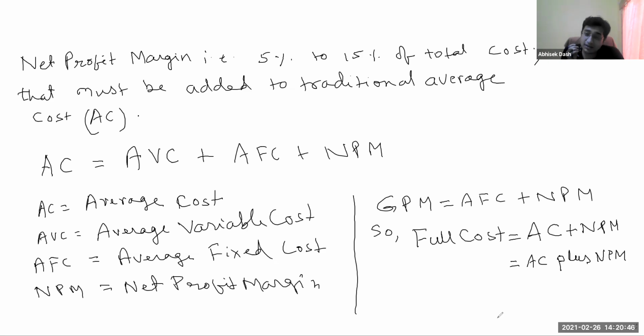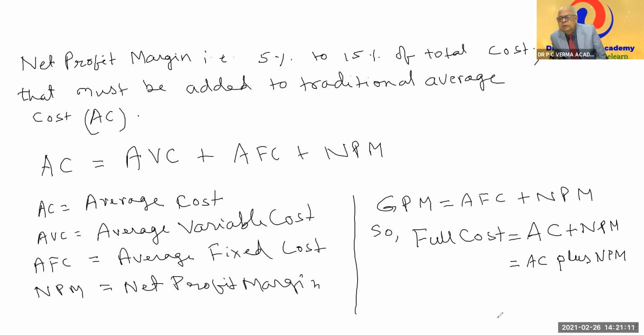Under that question we have written that full cost equals TFC plus NPM plus TVC. So we should change that to AC plus NPM, right? Yes, average cost plus NPM. That was a mistake. AFC, AVC plus NPM.